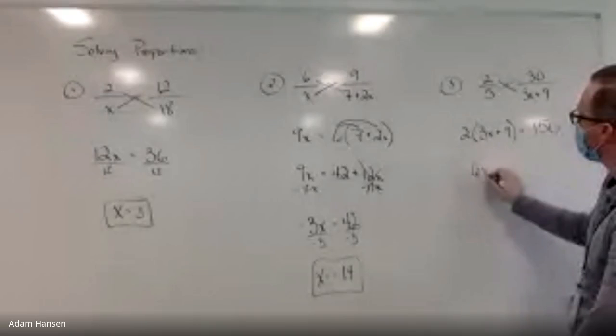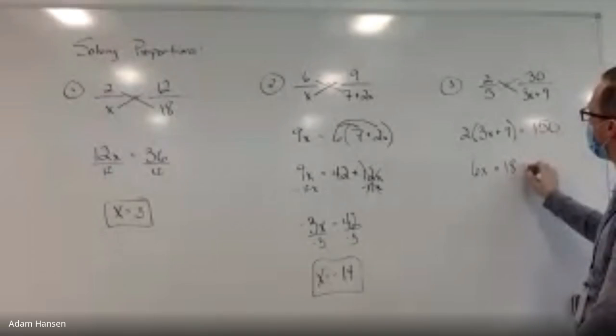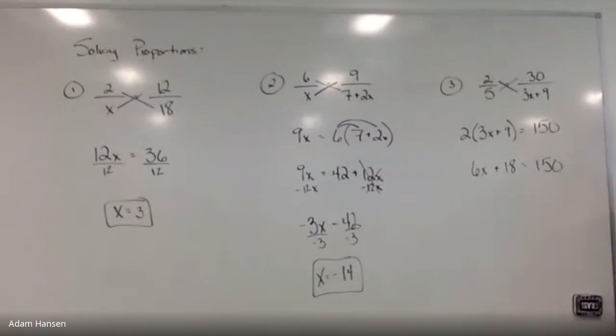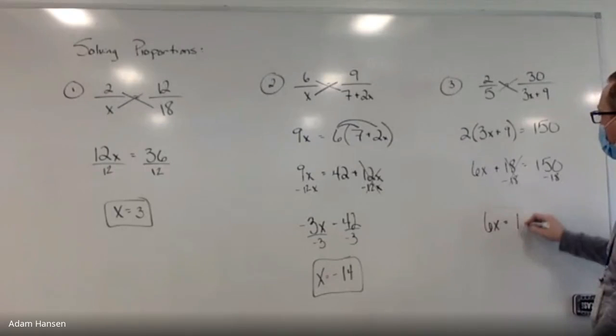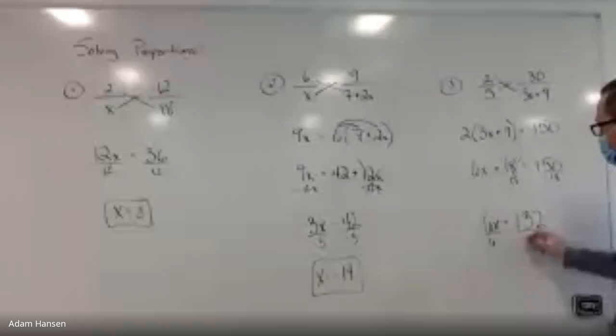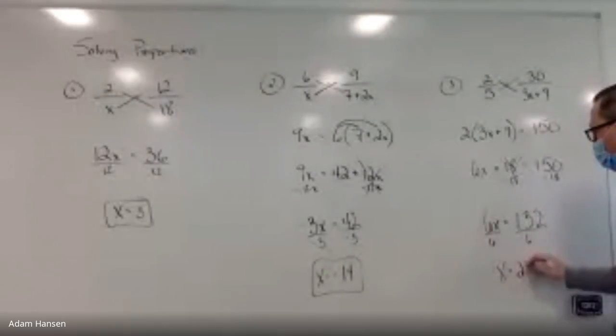Now distribute. 6x plus 18 equals 150 still on the right. Subtract 18. 6x equals 132. So x is 22.